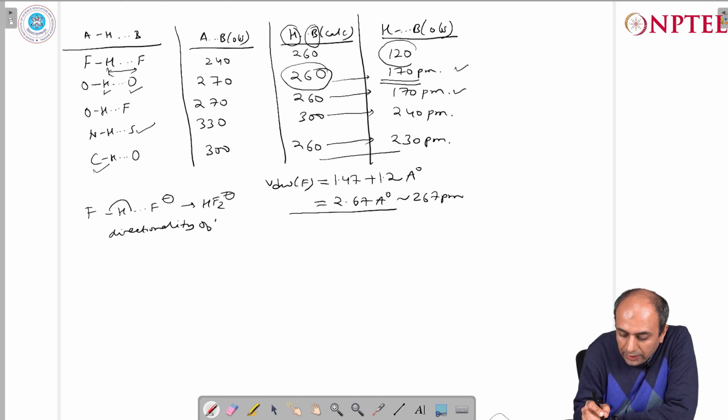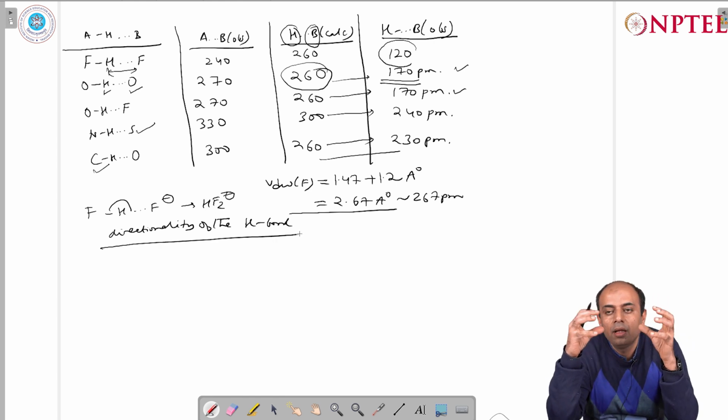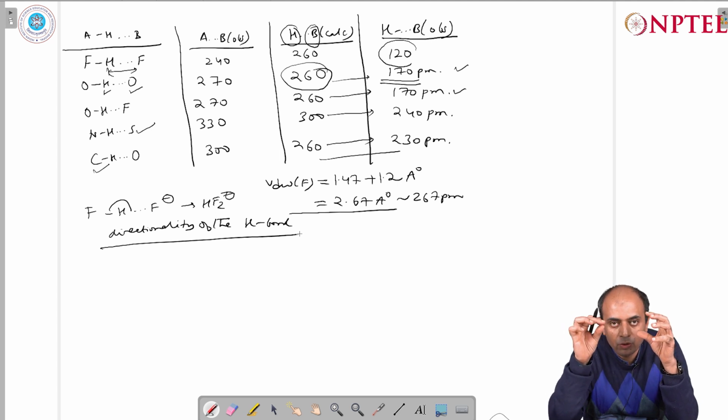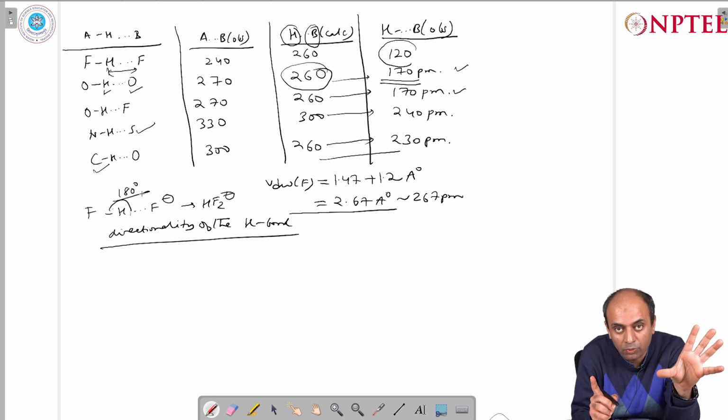The directionality of the hydrogen bond. This is a very important feature. So the first geometrical feature for a hydrogen bond is what is the separation between the hydrogen bond donor and the acceptor, and then what is the directionality at the hydrogen bonding region. So this angle ideally should be 180 degree for a truly hydrogen bonded system.